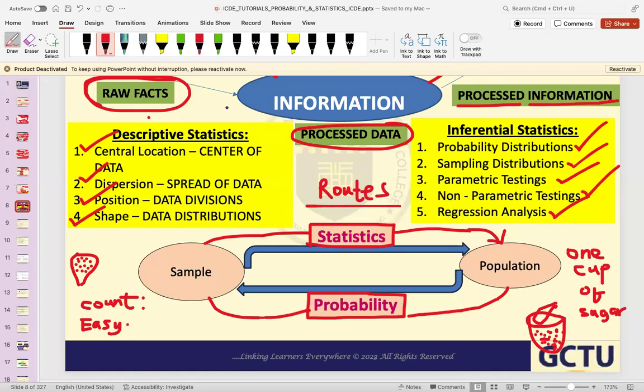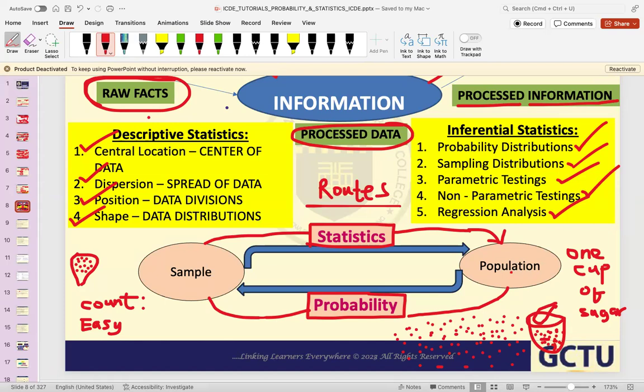That is easy. But when I say the sugar particles in this cup, when I say pour all on a table, like I'm indicating now, and I ask you to count the sugar you are pouring on the table, I'm sure in the first place, you will not even start the exercise, because this is going to be a very difficult work, looking at the way the sugar particles look so tiny, you won't even make any attempt to do it.